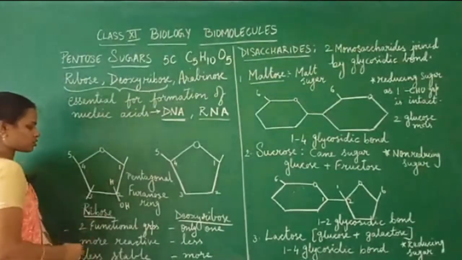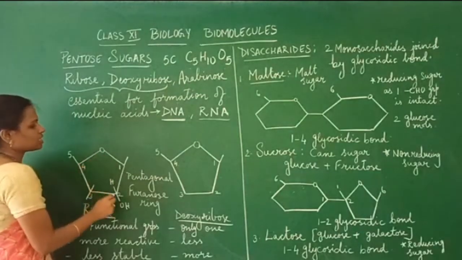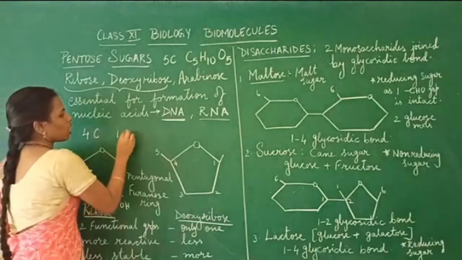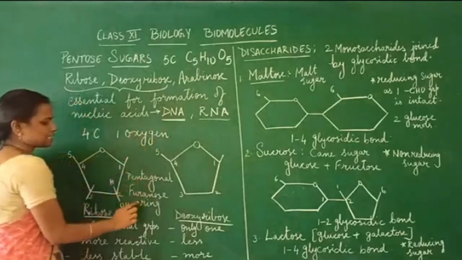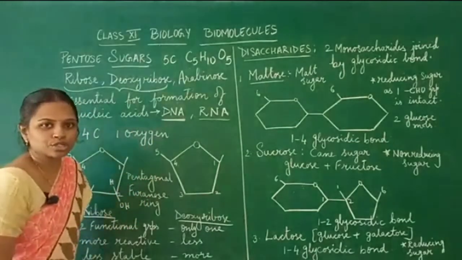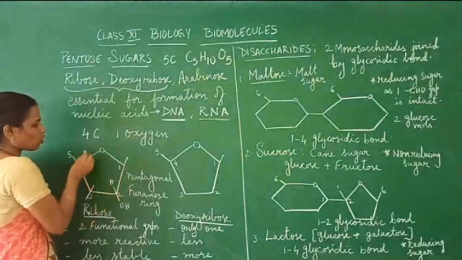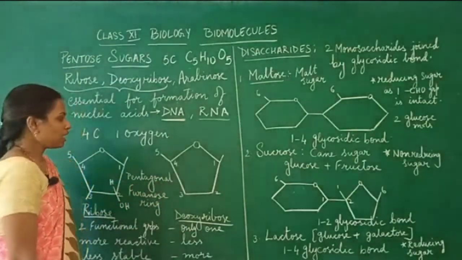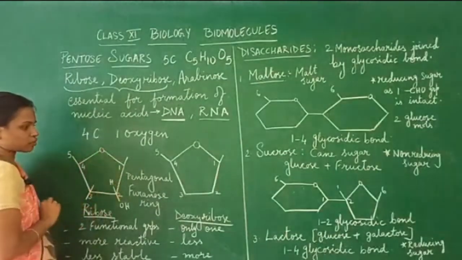Coming to the ribose. In ribose, we have the ring which is made up of 4 carbon atoms and 1 oxygen. So, it is called a furanose ring and it has got 5 sides, so it is called a pentagonal ring also. Now, this is a ribose structure.